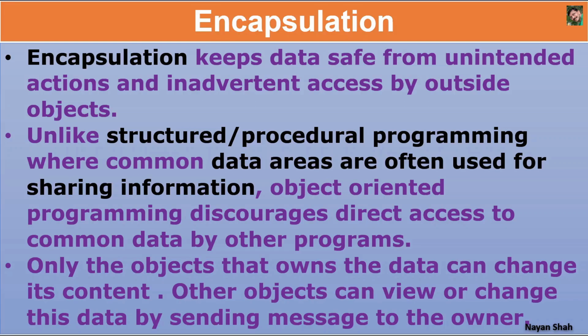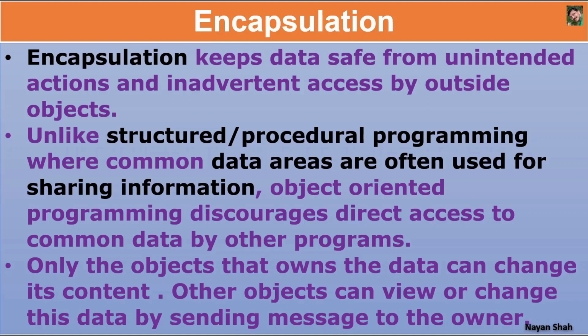Only the object that owns the data can change its content. No other object can. Other objects can only view or change this data by sending a message to the owner. They cannot actually modify it unless the owner allows it.